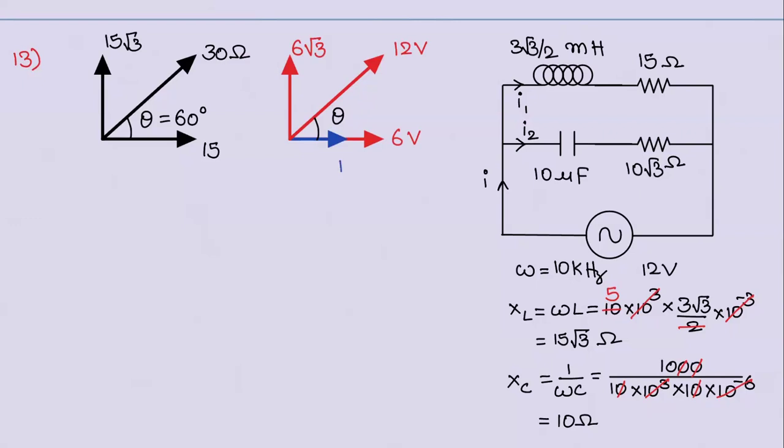I need the current I1. I1 is equal to V by R. What is V? 12 by R. R is equal to 30 ohm.